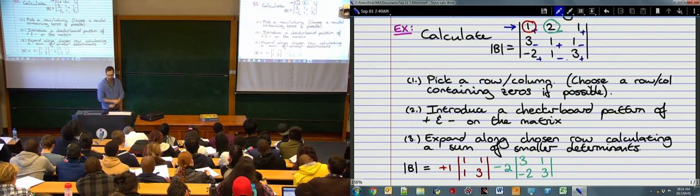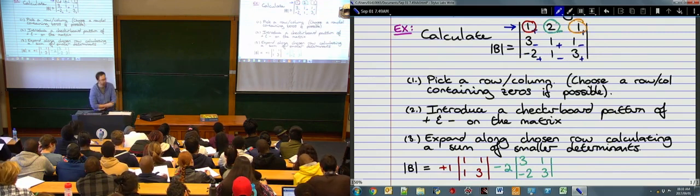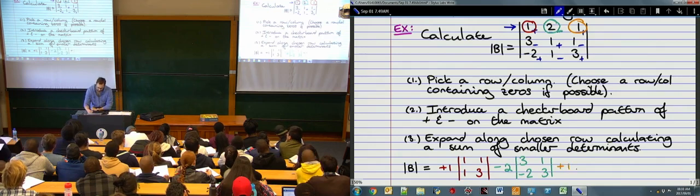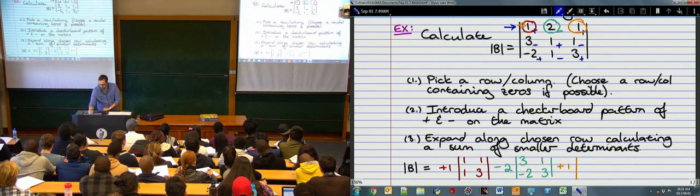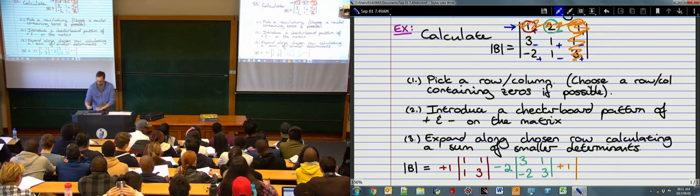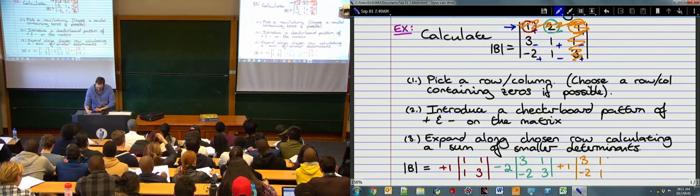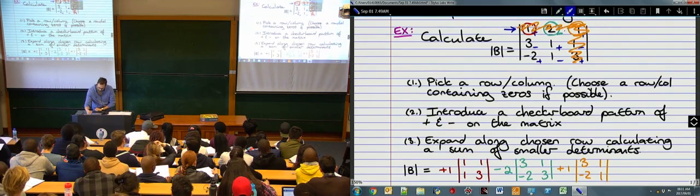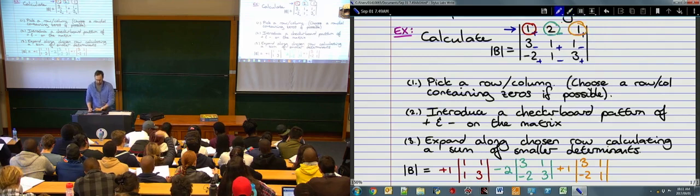Have one more term. Okay, that's a plus 1. And now we take the determinant of the smaller matrix again. So we're going to ignore this row and we ignore that column. So it'll be 3, 1, minus 2, 1.